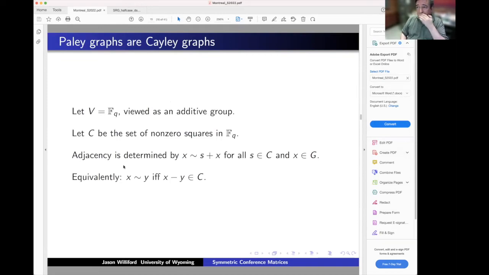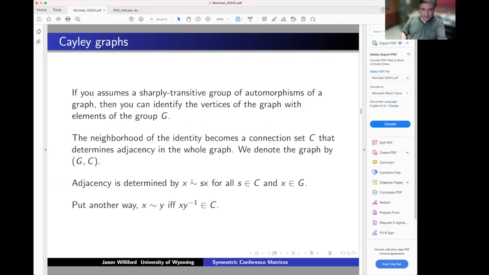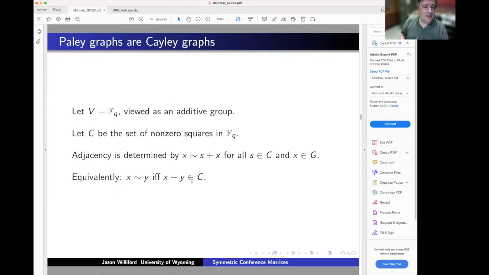And Paley graphs are an example of Cayley graphs. You have the additive group of the field acting on them, and you end up with the same kind of equation that was at the bottom of the last slide. My apologies to people who put the inverse on the other side. I like to act on the right for automorphisms. But okay, so that's one symmetry assumption that probably everybody here's seen.